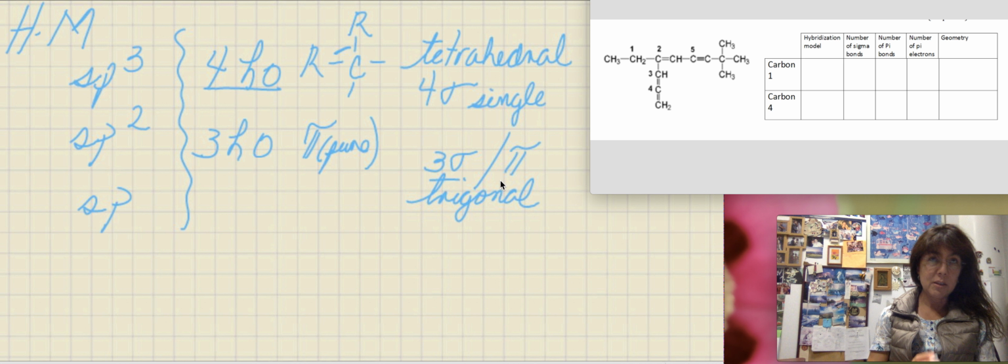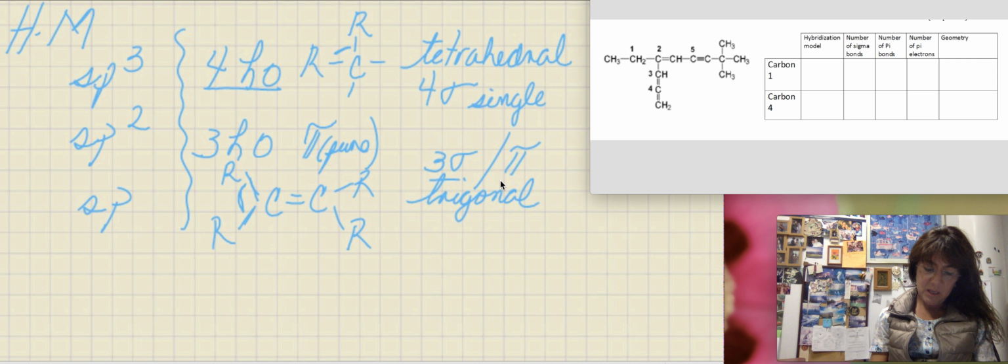This is related, don't forget please, to having double bonds. Each one of the carbon atoms on the plane forms this triangle, and the angle between the two radicals on each carbon atom is 120 degrees.